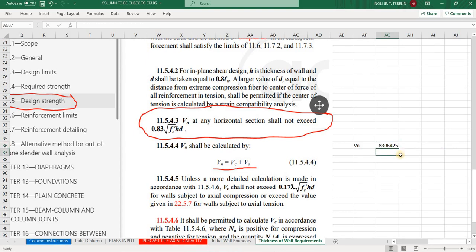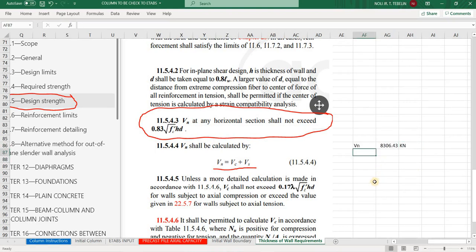So it will give you Vn. So convert to kilonewton: MPa is Newton per mm squared, times mm squared, so Newton. So divided by 1,000, it will give you kilonewton.